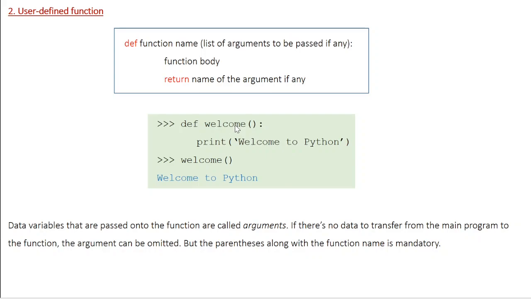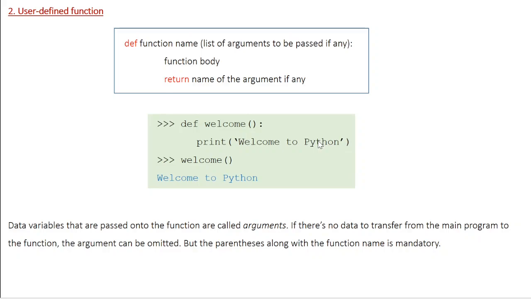So welcome is my function name. So you know the keyword, right? Def, define, welcome. There is no argument, so I simply put a pair of brackets here followed by a colon. Then inside the function, so there is a white space here, which means this is the body. I simply say print welcome to Python. Okay, so this is my entire function.